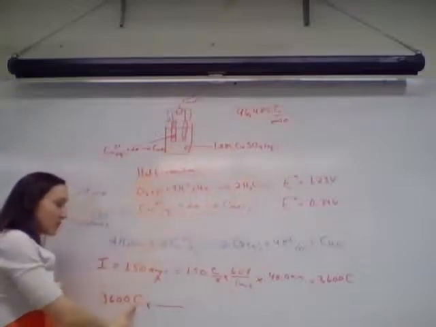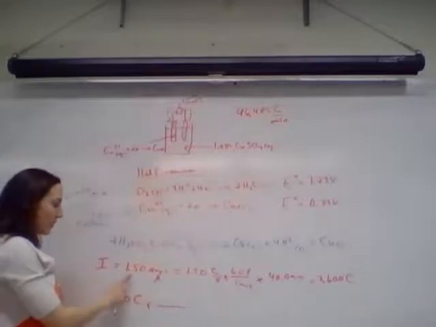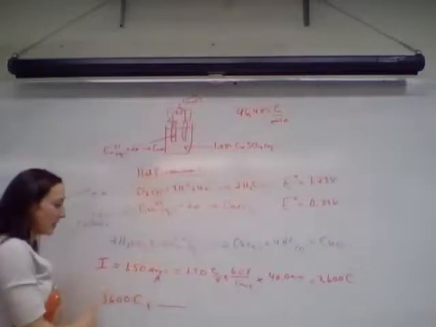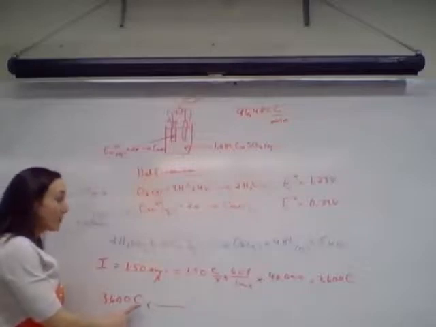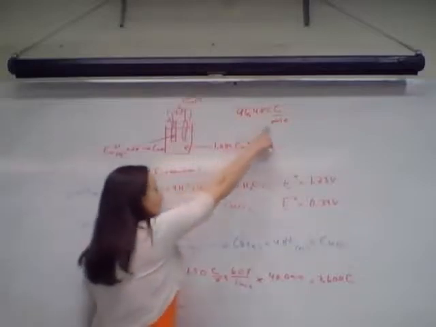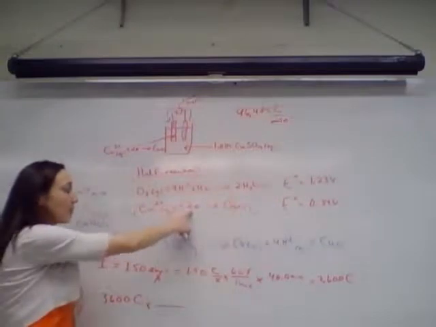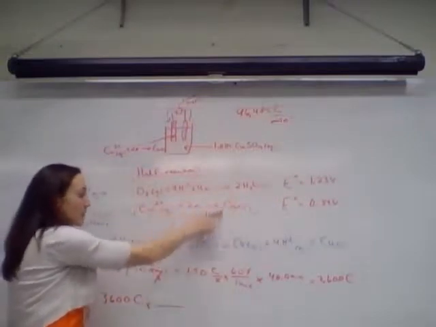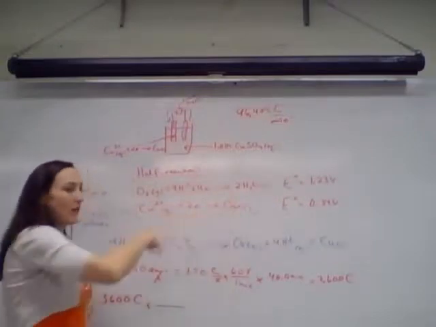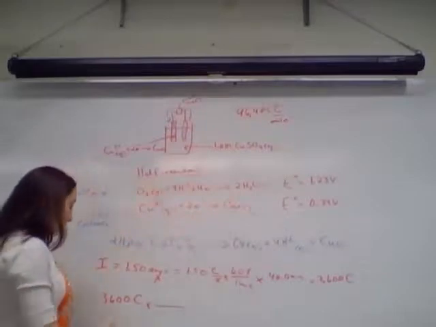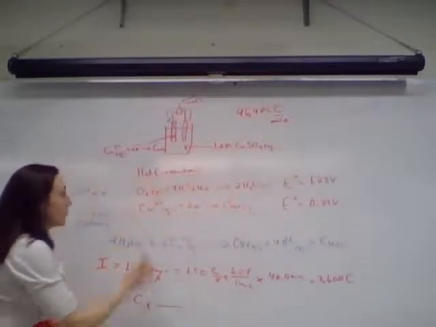So this coulomb value that we got from the current and the amount of time that was run gives a link between coulombs and moles of electrons. I know how many moles of electrons are needed for each mole of copper deposited, and then I can get to moles of copper. So, 3,600 coulombs.